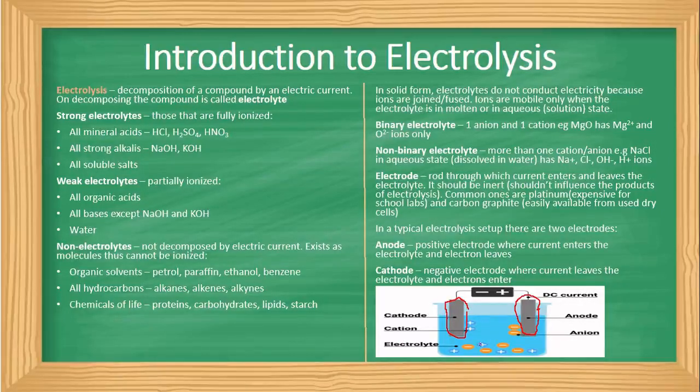So within the electrolyte, the oxygen ions, which are negatively charged, will be attracted to the positive electrode. As you know, positive charges attract negative charges, and negative charges attract positive charges. So oxygen ions will go to the anode, the positive electrode, and magnesium ions will go to the cathode, the negative electrode.